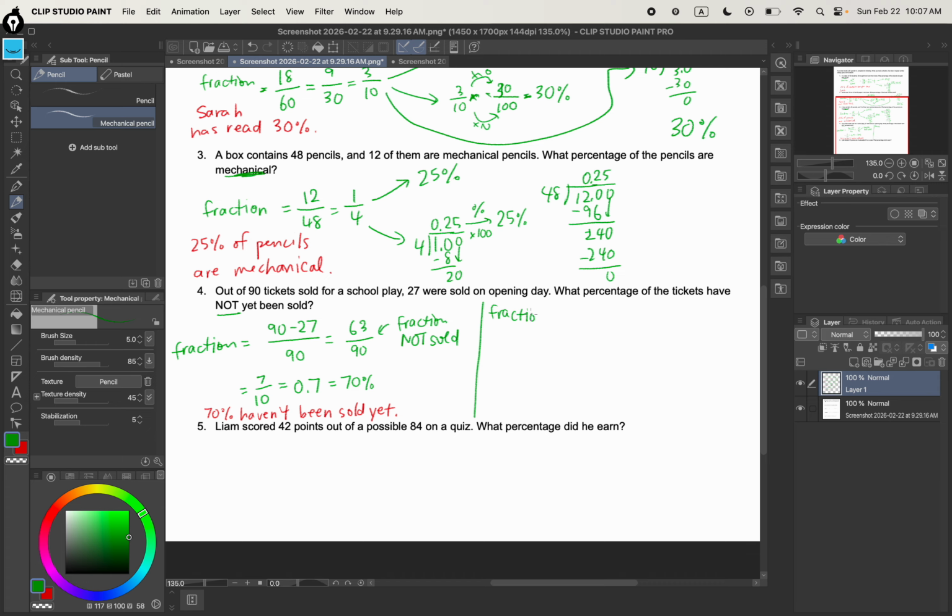Okay, other one. I can find the fraction that were sold. So my fraction sold is equal to how many were actually sold over the total number of available tickets. Okay, I'm going to simplify that. I can divide both by 9. Okay, and so I know this is equal to 0.3, which is equal to 30%.